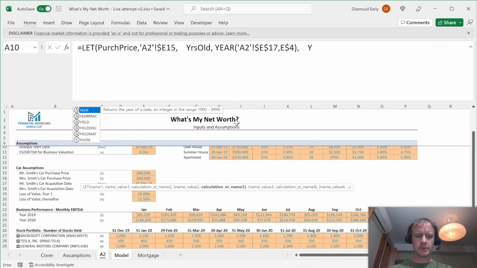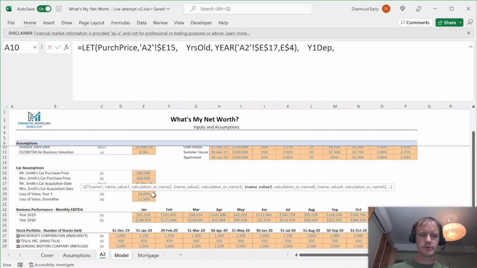And then the next thing I want is my year one depreciation. So it loses 20% of its value in the first year. And again, the more detailed notes here say where you've got partial years, in other words, over the first year it goes from X to 80% of X. So if you have a partial year, like say a half year, then you would take the square root of 80%, or in other words, 80% to the power of how much of a year you have.